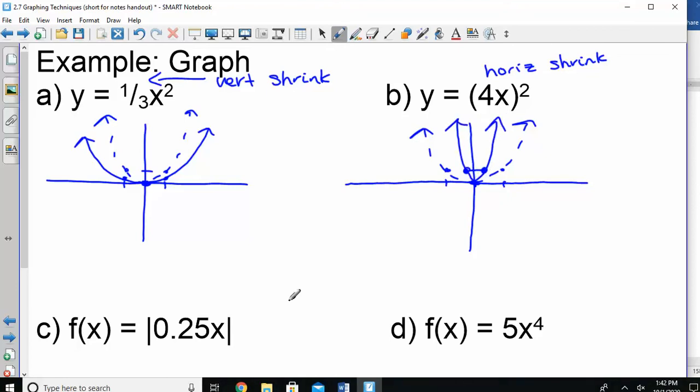Horizontal shrinking and vertical stretching look a lot alike, don't they? If we had just squared that, we would have had 16x squared, and then it would be a vertical stretch. So they're very closely related.